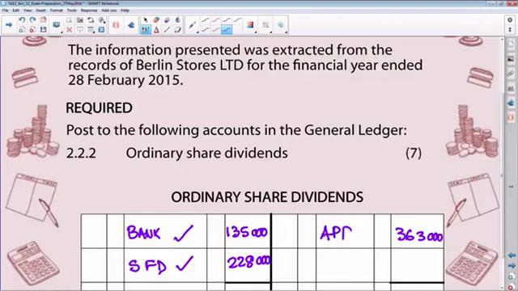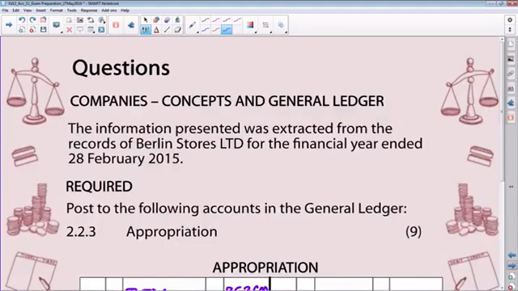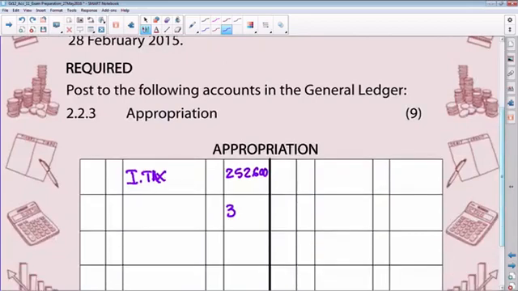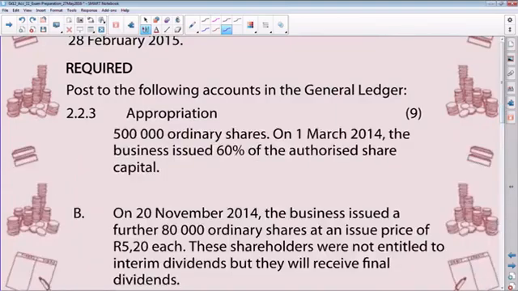Yes, it gets closed off to your final account, namely your appropriation account. Do we need that information? I'm sure we do. So in my appropriation account, I've got 363,000 coming from my ordinary share dividends. Got it? Brilliant.